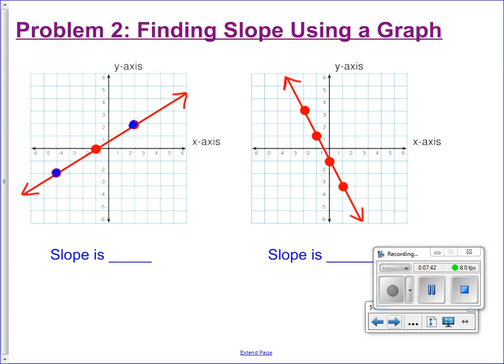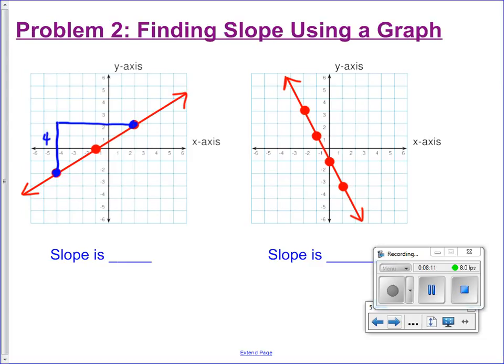And I want the change in the dependent axis, which would be my rise, over the change in my independent, which would be my horizontal axis. So let's take a look. From here up to this point, I went 1, 2, 3, 4 places.